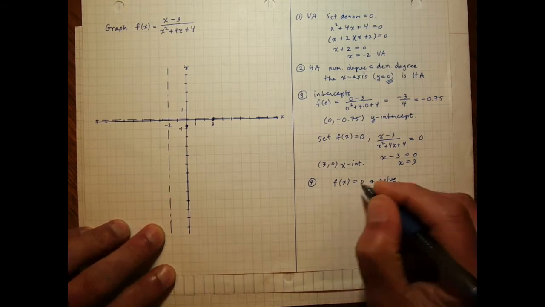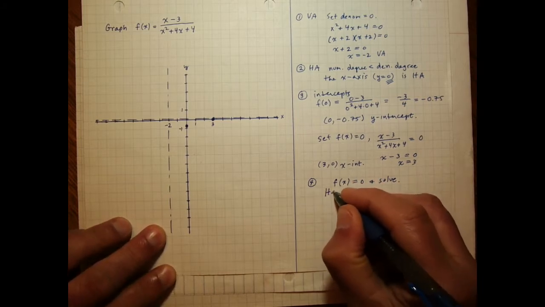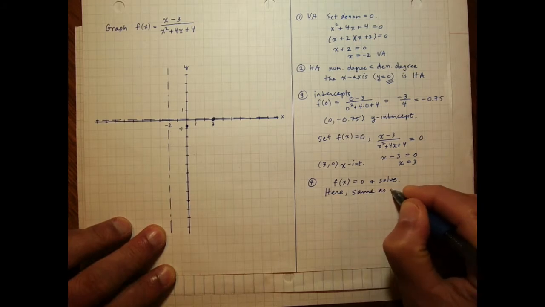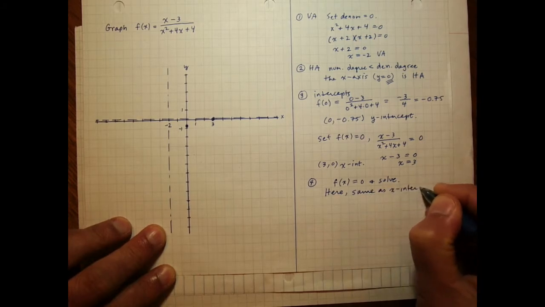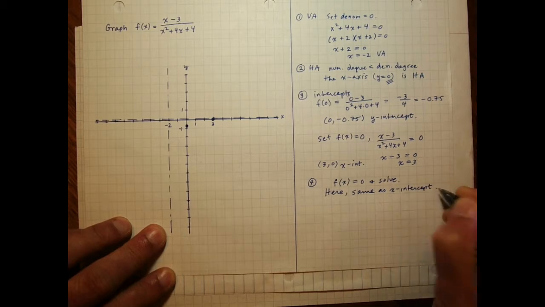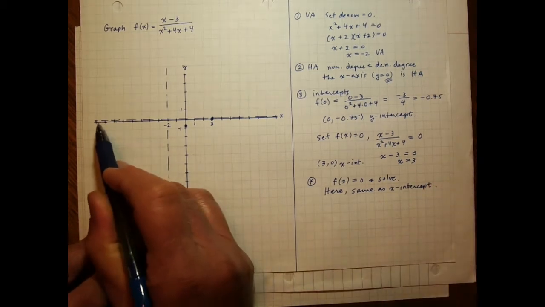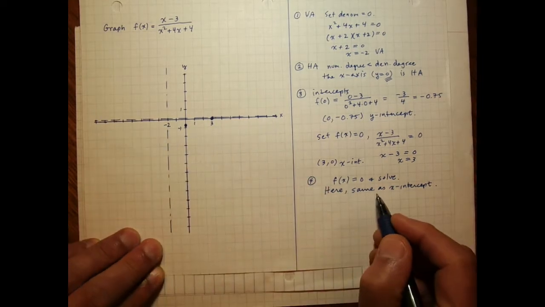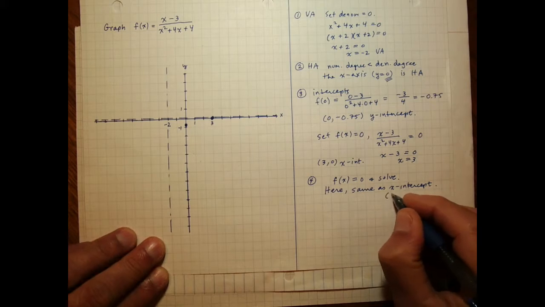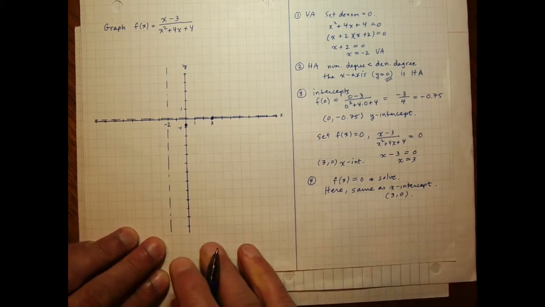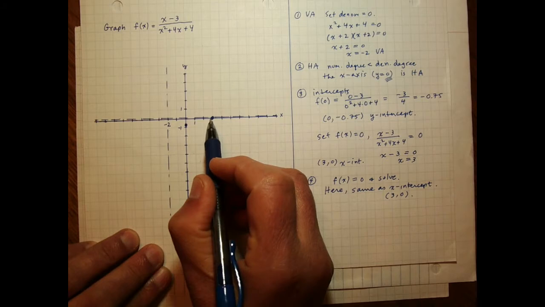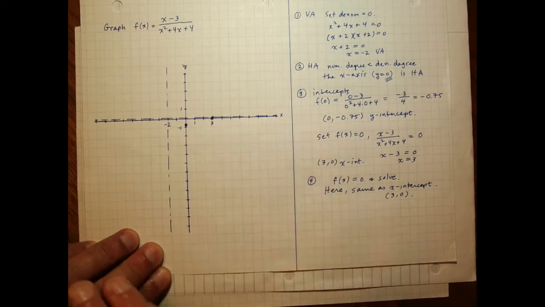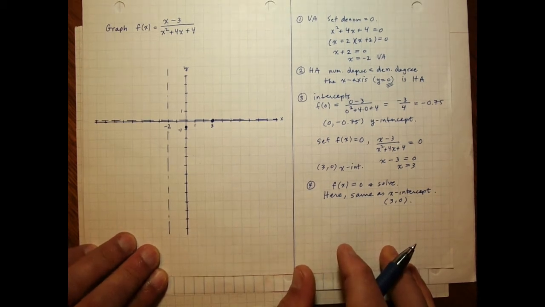But we've already done this. Here it's the same as the x-intercept. It just happens to coincide with the x-intercept because our horizontal asymptote is the x-axis. So we already have that point, (3, 0). That's useful information because that's the only point where the graph can cross the horizontal asymptote.